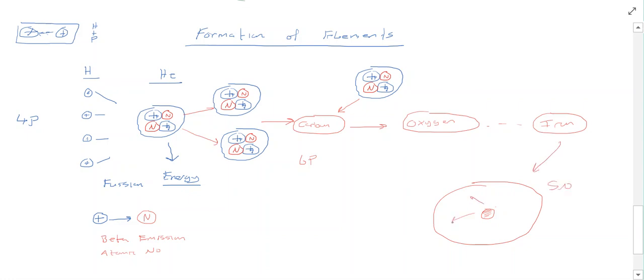So this will explode, and all these elements that have been contained within the inside of the star, when this explodes, are going to be scattered into the environment that the star is in. So imagine this is the environment, and this will enrich the environment with all of these different elements that are formed.